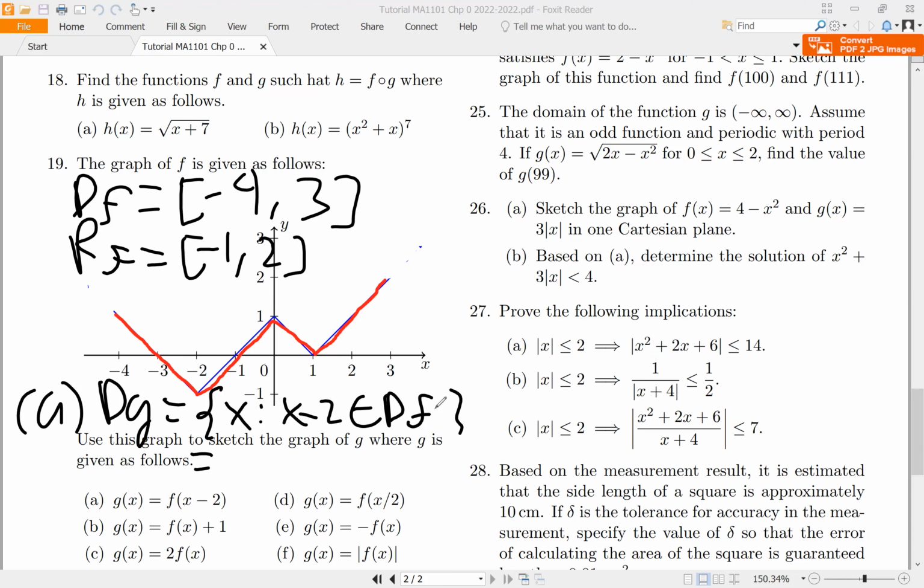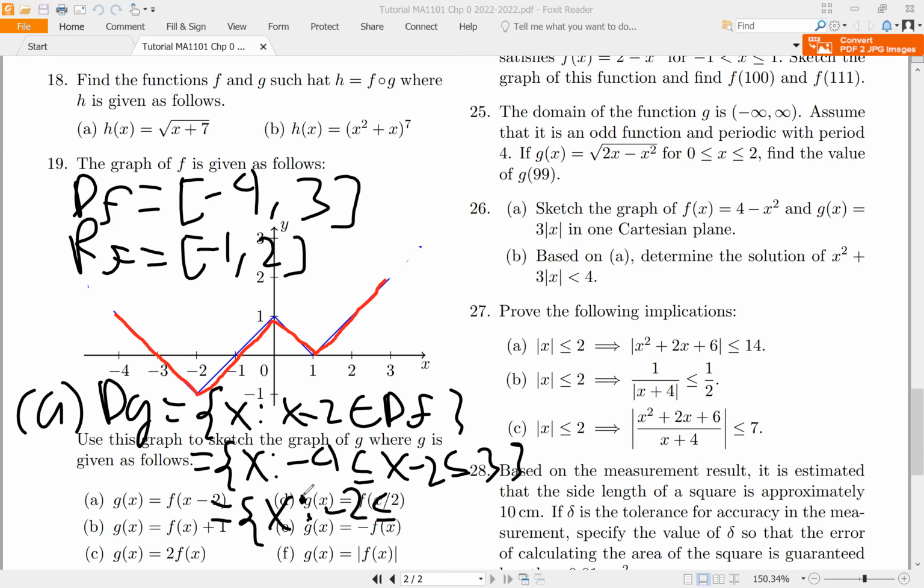That would be x minus 2 in between minus 4 and 3. Just solve the inequality, x minus 2 in between minus 4 and 3, and we get x in between minus 2 and 5, so you will obtain the interval [-2, 5].